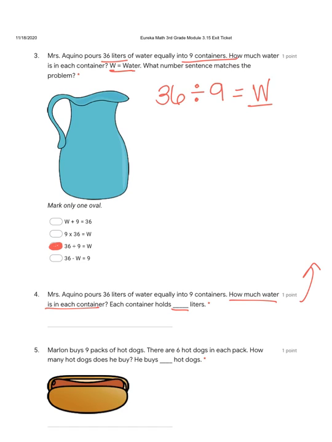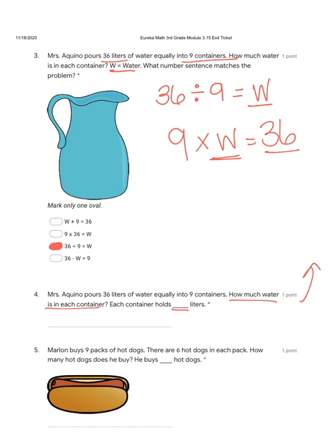The first thing we can do is switch this around into a multiplication problem. So we would have 9 times W equals 36. We know 36 is the total amount, and we're dividing it up by 9 containers. So 9 times what equals 36?